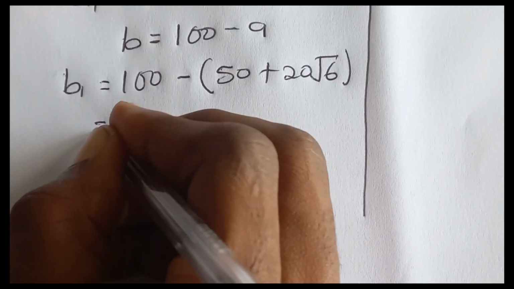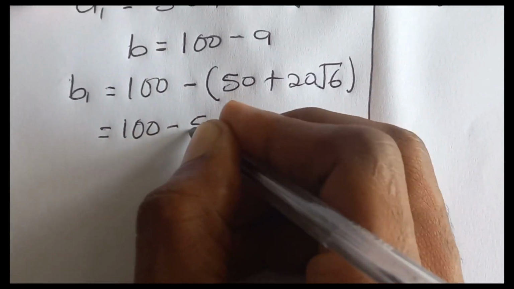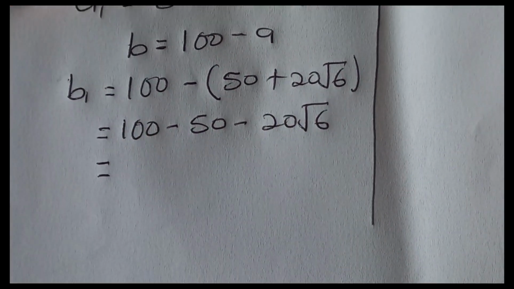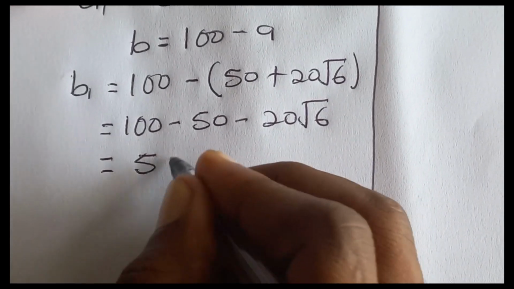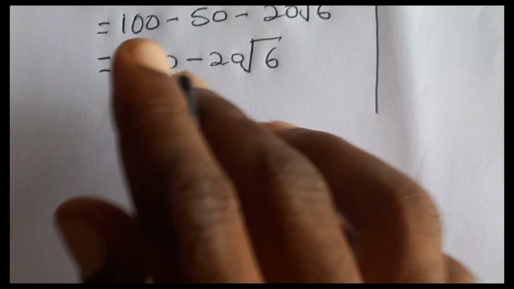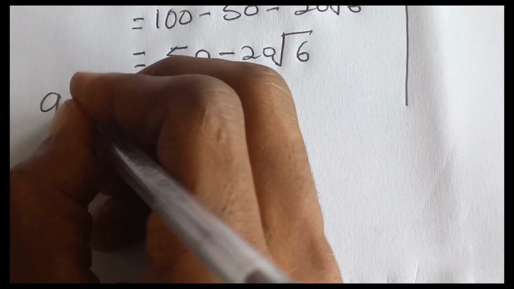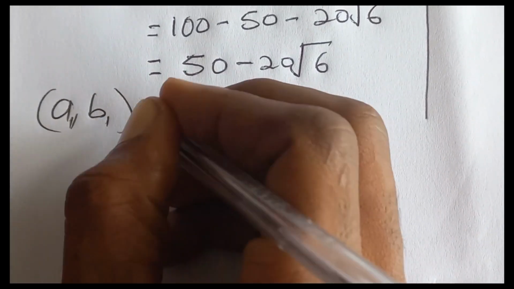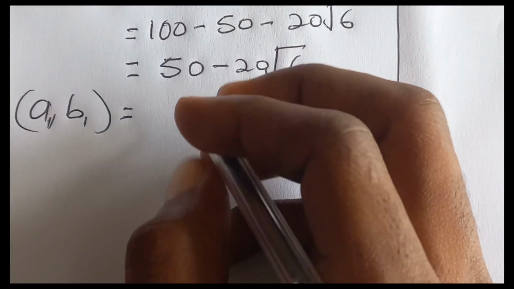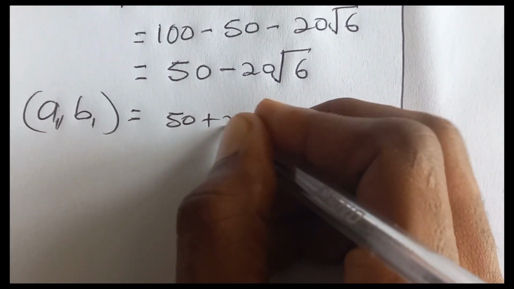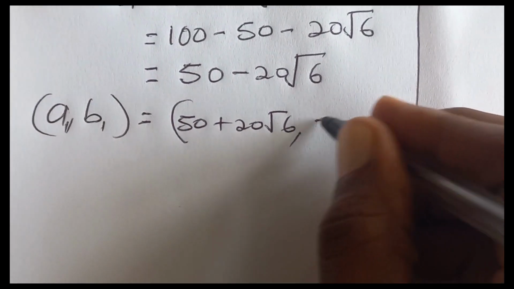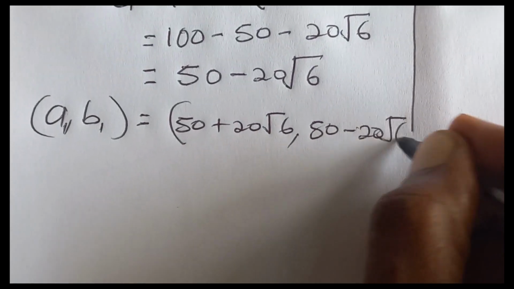And we are going to get 100 minus 50 minus 20 root of 6, which is equal to 100 minus 50 is 50. So 50 minus 20 root of 6. So now our a1, b1 is equal to our a1 we had 50 plus 20 root of 6. And b1 is 50 minus 20 root of 6.